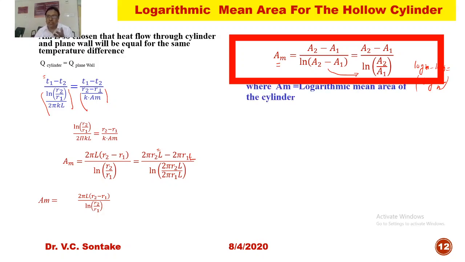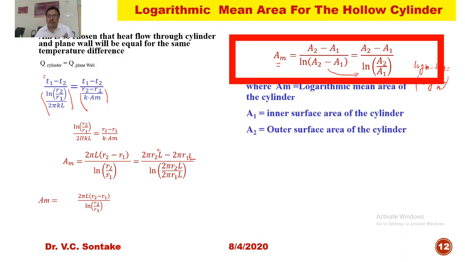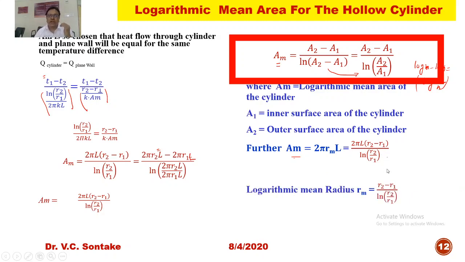where A_m is the logarithmic mean area of the cylinder, A1 is inner surface area of the cylinder, A2 is outer surface area of the cylinder, and further A_m can also be expressed as 2 pi R_m into L is equal to 2 pi L R2 minus R1 over log of R2 by R1, where R_m is logarithmic mean radius and it can be given as R2 minus R1 over log of R2 over R1.